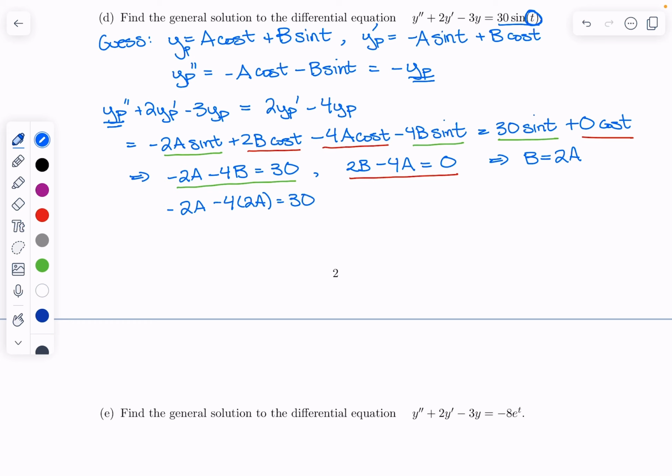So that's going to tell me negative 2a minus 8a is indeed negative 10a, and that's supposed to equal 30.